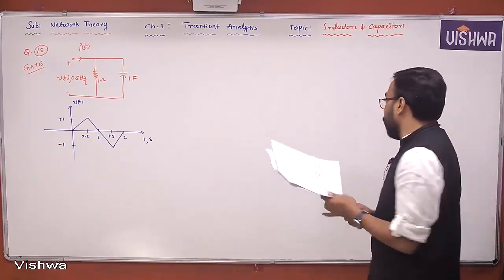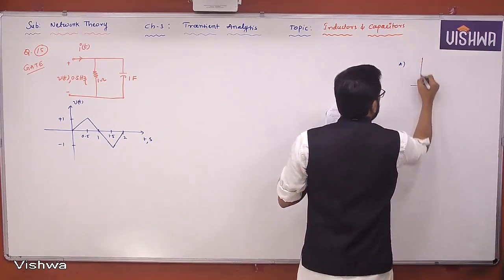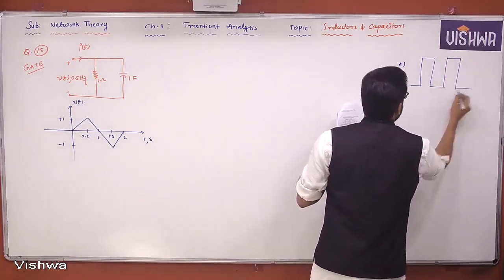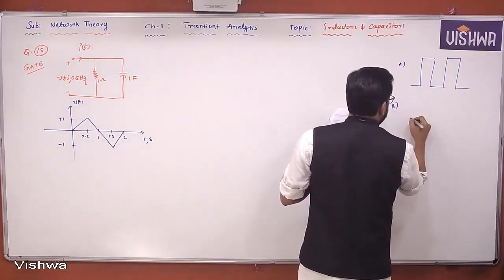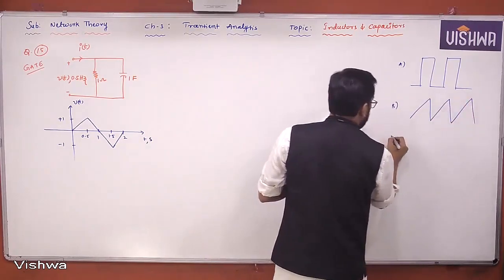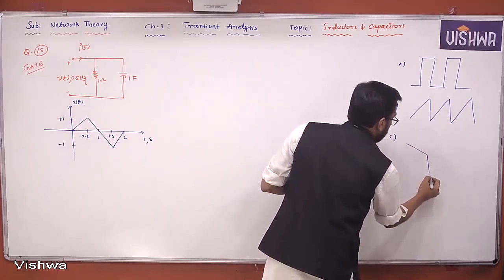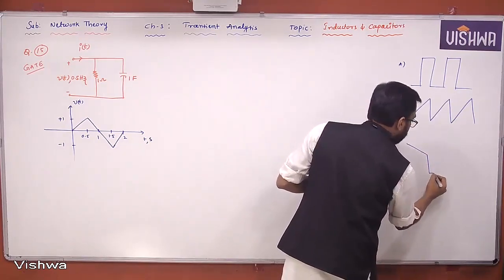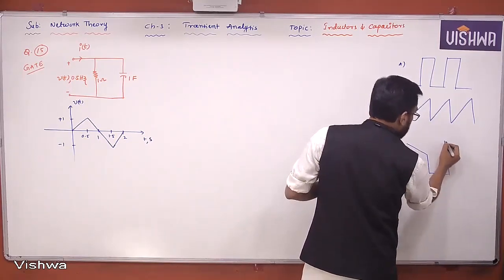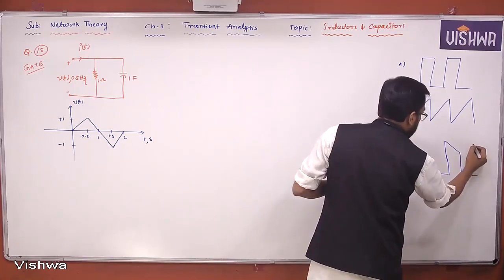So if you look at the waveforms given, what is option A? A rectangular pulse. Option B, sawtooth waveform. Option C is some combination of the rectangular and triangular.